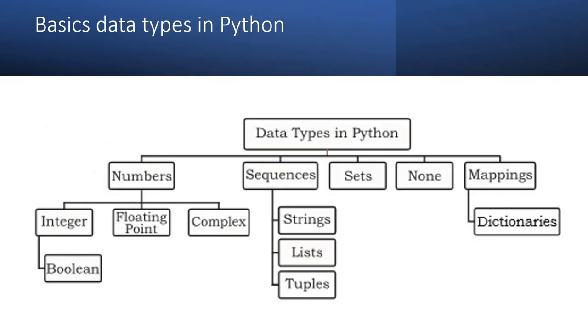Then let me tell you about the basic data types that we have in Python. Like in other programming languages, we also have built-in data types like numbers. In numbers, we have integers. Then one more subcategory, for which you have only two values like 0 and 1, true and false, we can further categorize as Boolean data types.